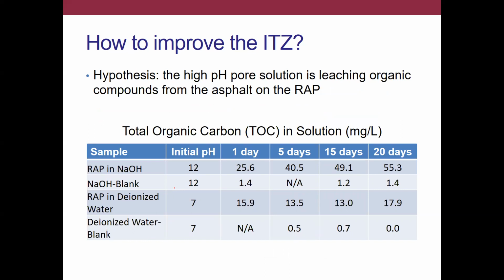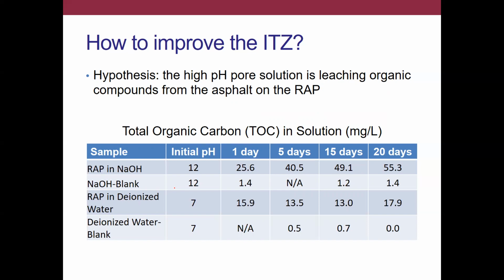So in understanding why silica fume doesn't do anything, our primary hypothesis is that we suspected, and then proved, that the high pH pore solution of the concrete is actually leaching organic compounds from the asphalt. So here's some of the data from a forthcoming study that we'll be publishing.